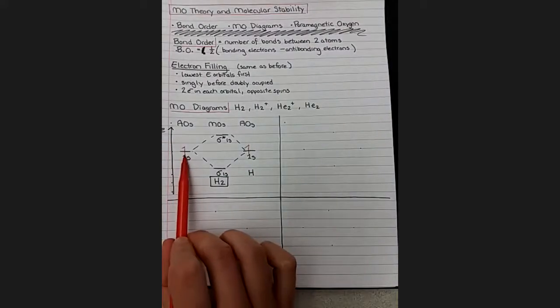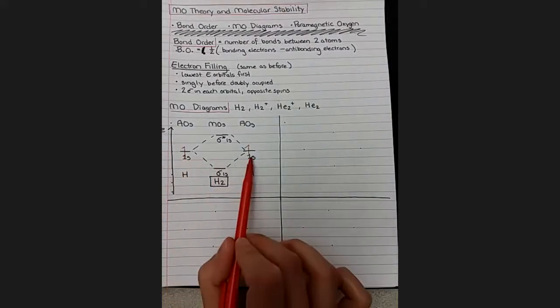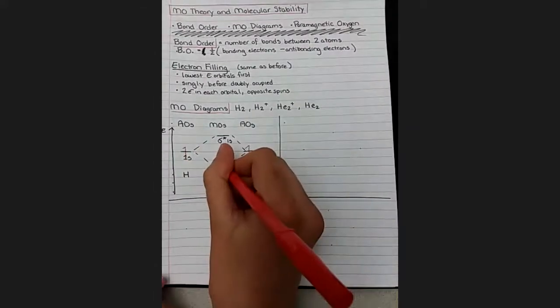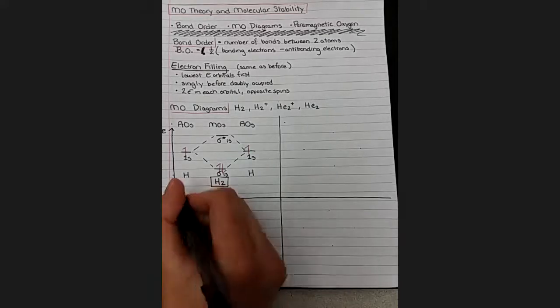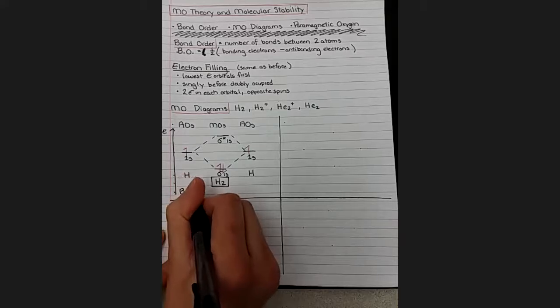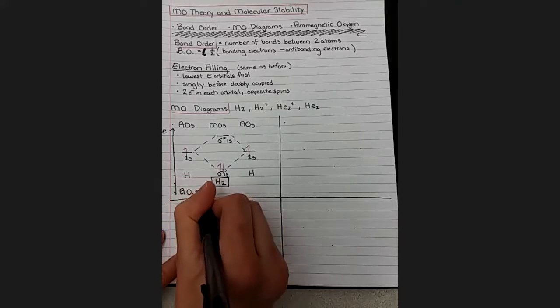And now for the interesting part, the electron filling. So there are two electrons available, one from each atom. We always start with the lowest energy orbital and we doubly fill it before moving up to the next one. So we have two electrons in that lower energy bonding orbital. And we can get information about the stability of this molecule by calculating the bond order. So we take 1/2 times the number of bonding electrons.